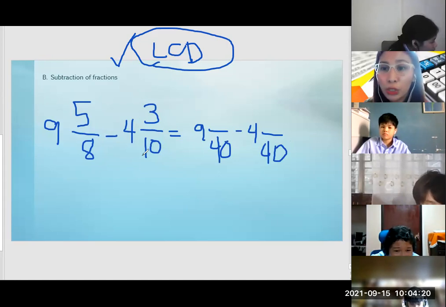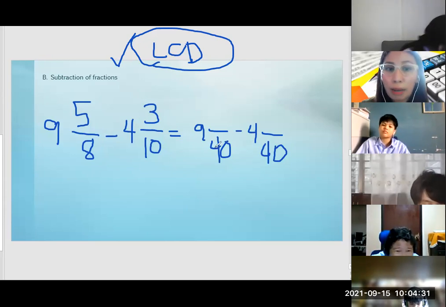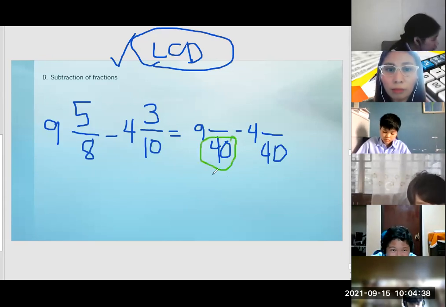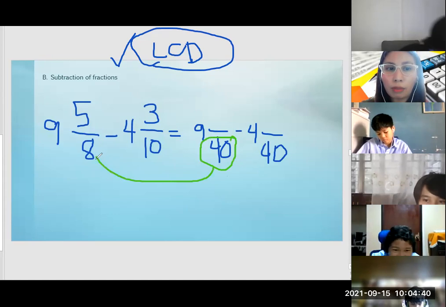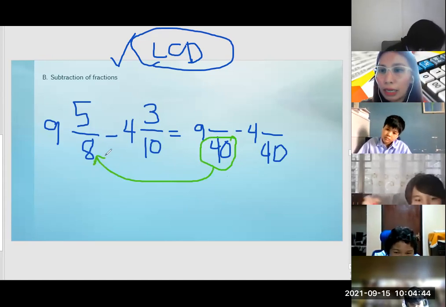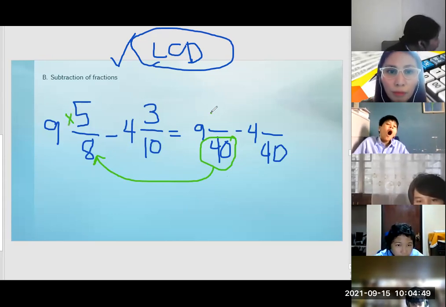Whereas, kapag dumiretso kayo sa tamang LCD or the list of the given numbers, which is 40 this time, okay, liliit yung step. 40 divided by 8, it's 5, right? Times 5, 25.